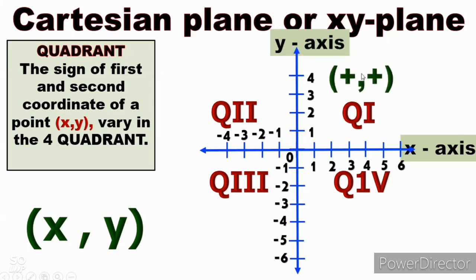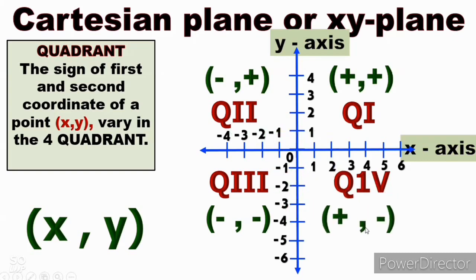Okay, so first quadrant, we have positive, positive. Positive ang x, positive ang y. Second quadrant, negative ang x, positive ang y. Next, sa third quadrant, they are both negative. Negative ang x coordinate, negative ang y coordinate. Next, sa quadrant 4, positive ang x coordinate, negative ang y coordinate.